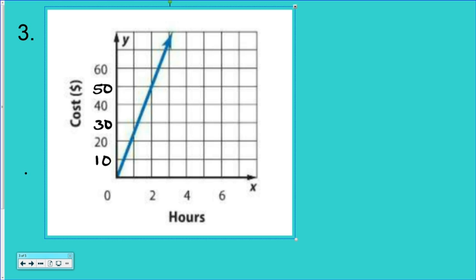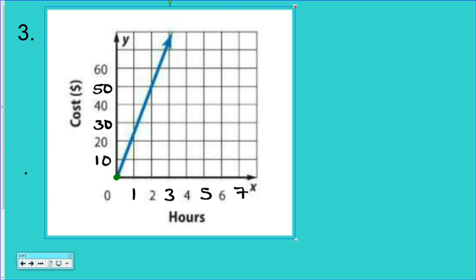And if you look on your x-axis, this one is counting by 1s. So it's not going to be the same on your x and on your y. So you need to pay attention to that. Okay? And you need to make sure that you're finding points that cross completely on an x and a y. They cannot be anywhere in the middle of the line.